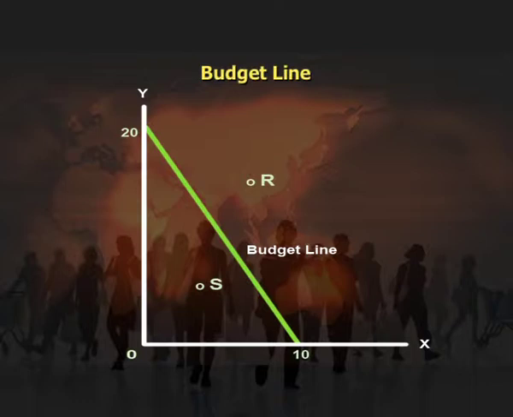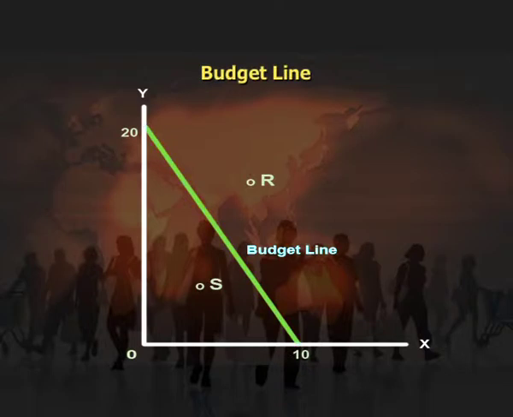Let's take an example. Suppose the consumer has a budget to spend ₹100 on two goods, say X and Y. If the price of X is ₹10 per unit and the price of Y is ₹5 per unit, then the consumer can buy either 10 units of X or 20 units of Y. If a straight line joining 10X and 20Y is drawn, it is called the price line or budget line.